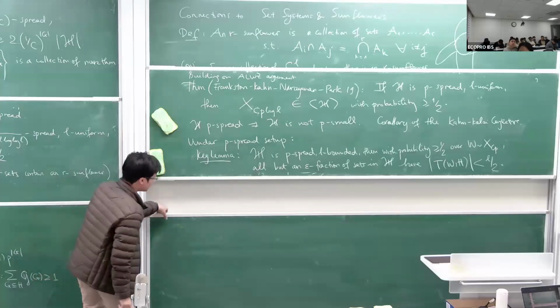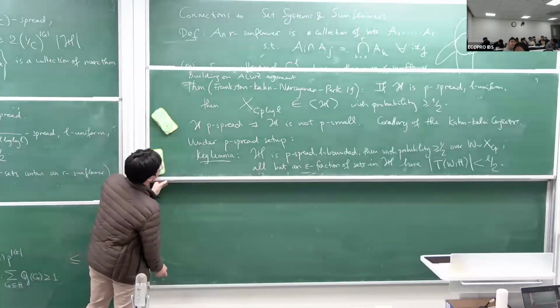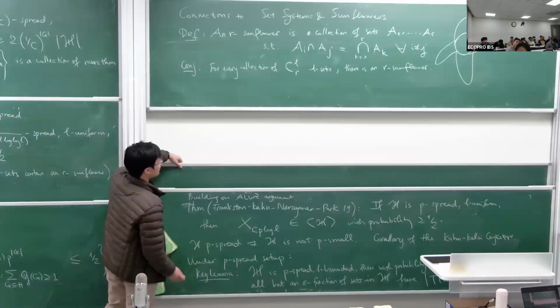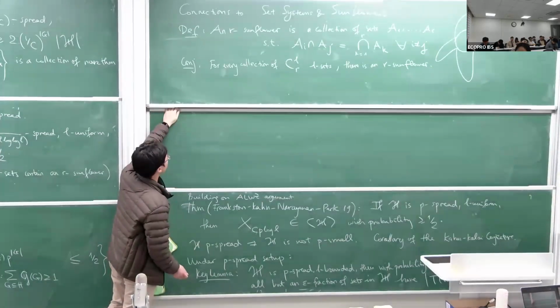So this is an even more convenient form of the key lemma that we saw in the setting of H being not P-small.